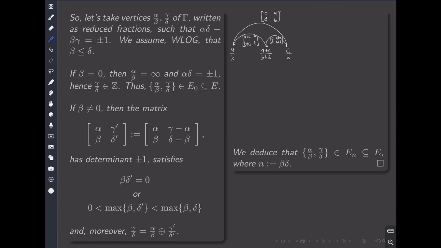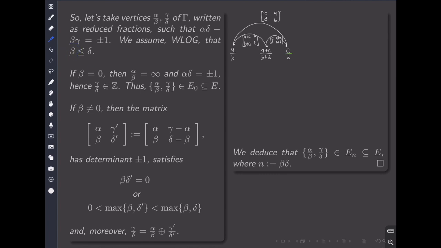So we take two vertices with the property that the determinant is plus or minus 1. Of course, these two vertices are different, because if they were the same, the determinant would be 0. They are written as reduced fractions, so that the denominators are both positive, and so I can simply take the one with the smaller denominator.